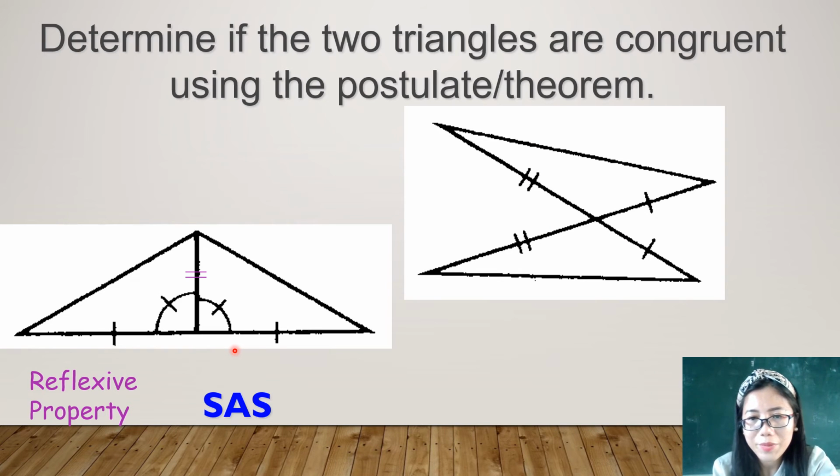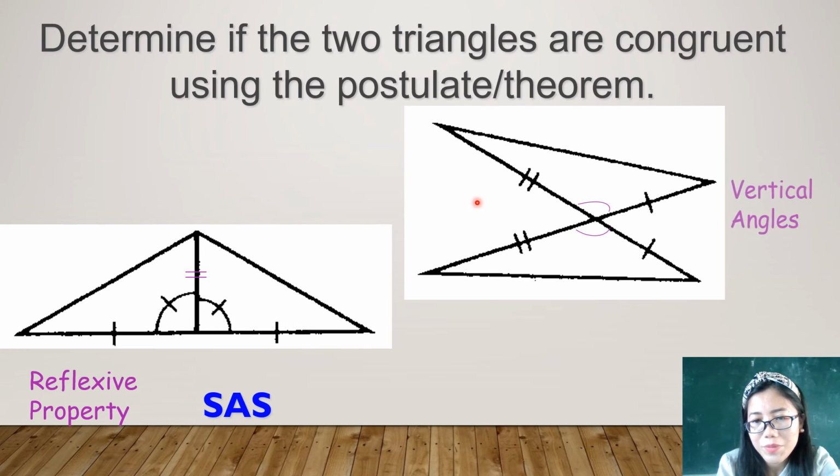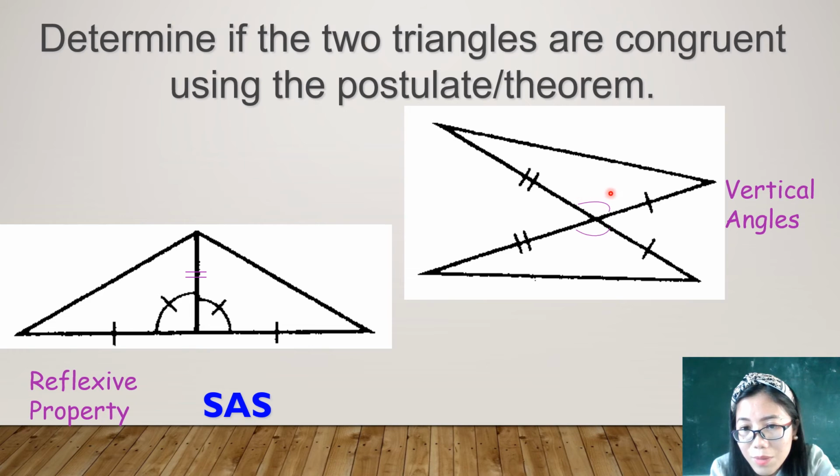Okay, last one. There are two triangles. From these two triangles, as you observe, you have two segments that intersect. From these two segments that intersect, they form vertical angles.